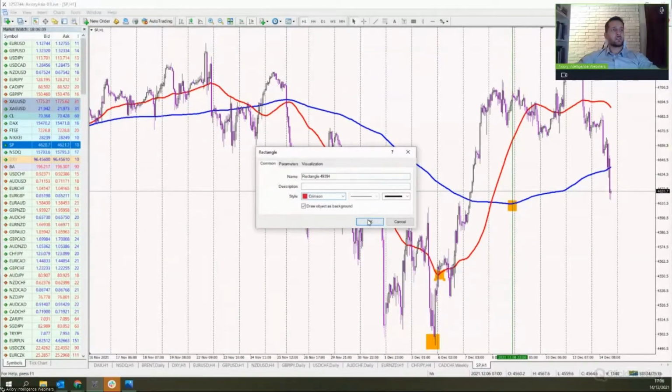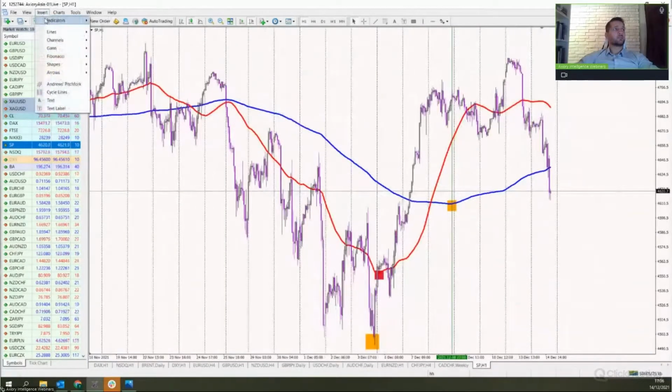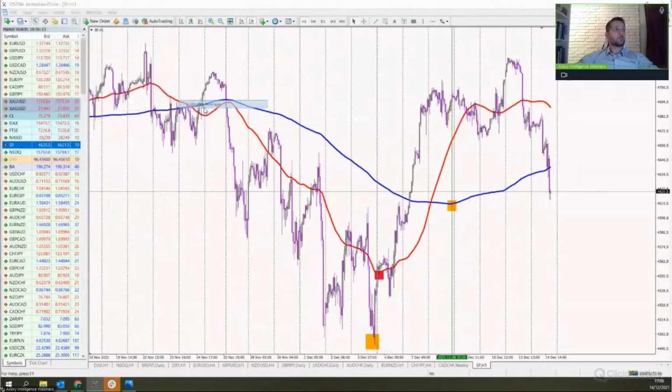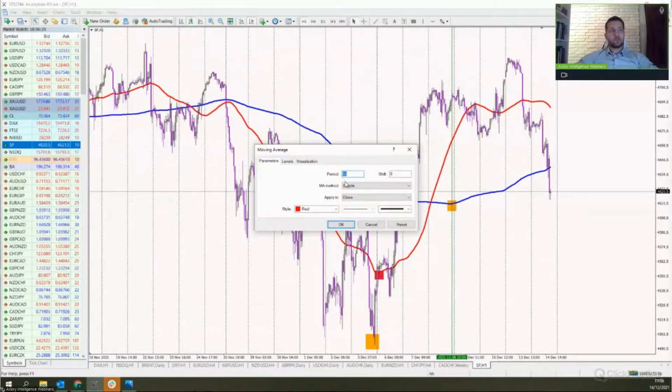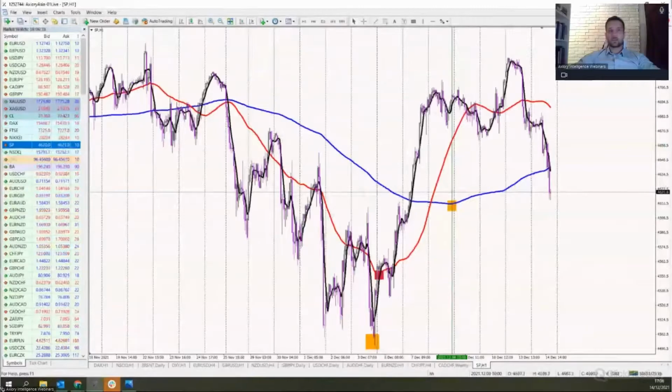Let's go like this, and the real trend change started here. So it's pretty fast, to be honest with you. But this is 50. We have another one, a short-term moving average. Let's say 5, different color. It moves almost exactly like the price.